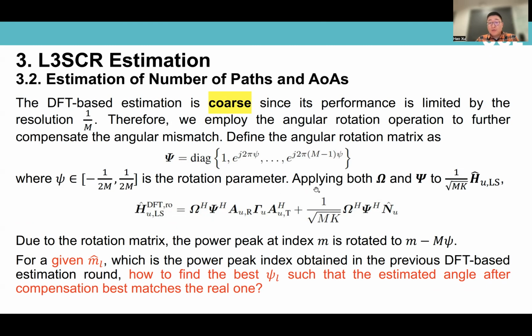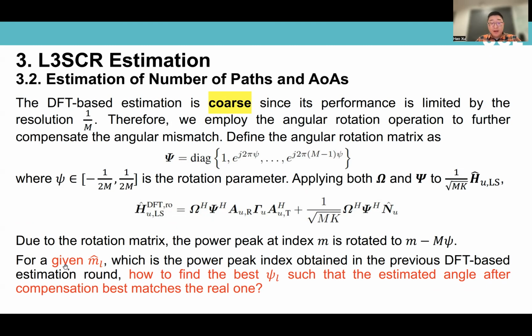By applying both the DFT matrix omega and the angular rotation matrix phi to the normalized least square estimation matrix, we obtain this formula. Due to the rotation matrix, the power peak at index m is rotated to m minus m phi.